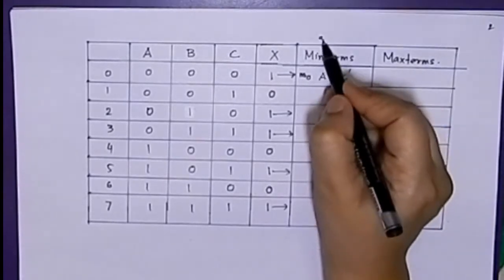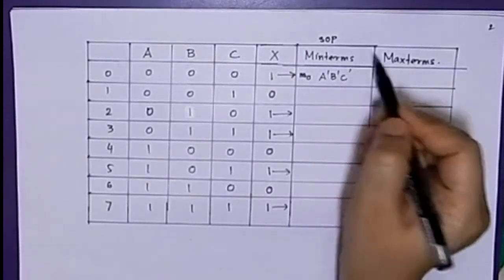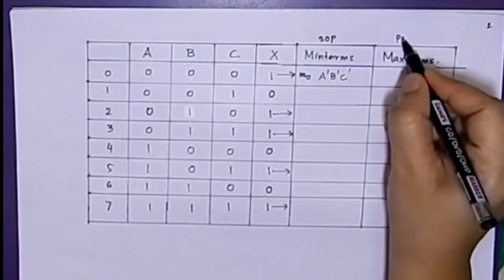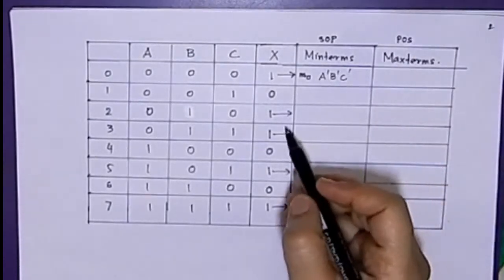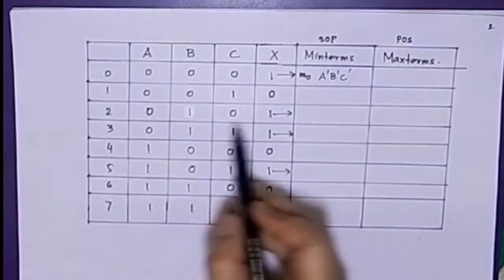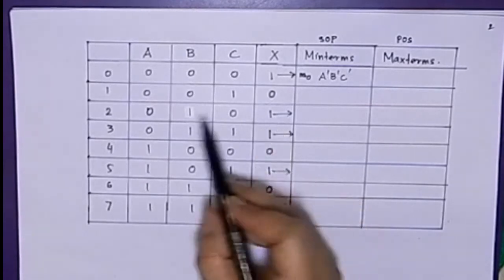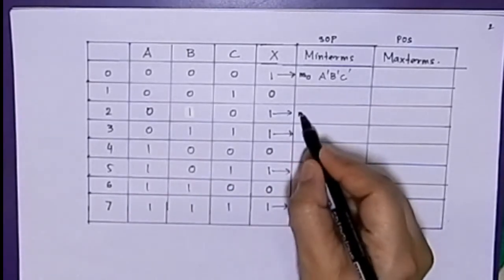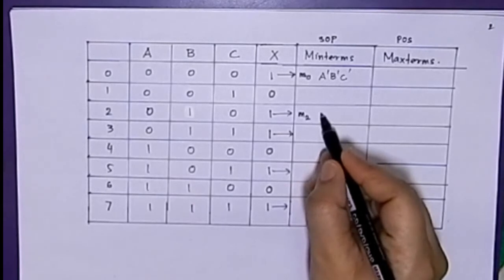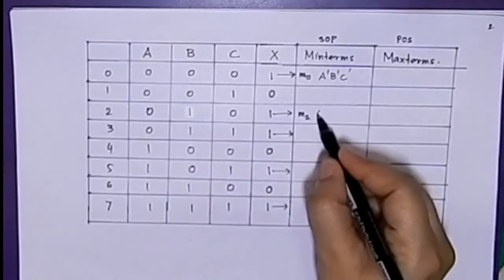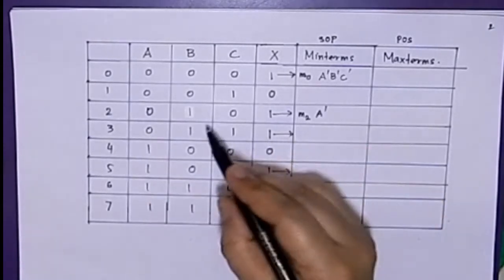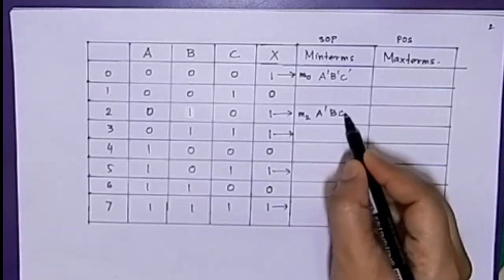Remember, min term means SOP, product terms, and max term is for POS. So again, see, this again I have got a 1 in row number 2. So this is M2, and the term is A dashed and B, C dashed.